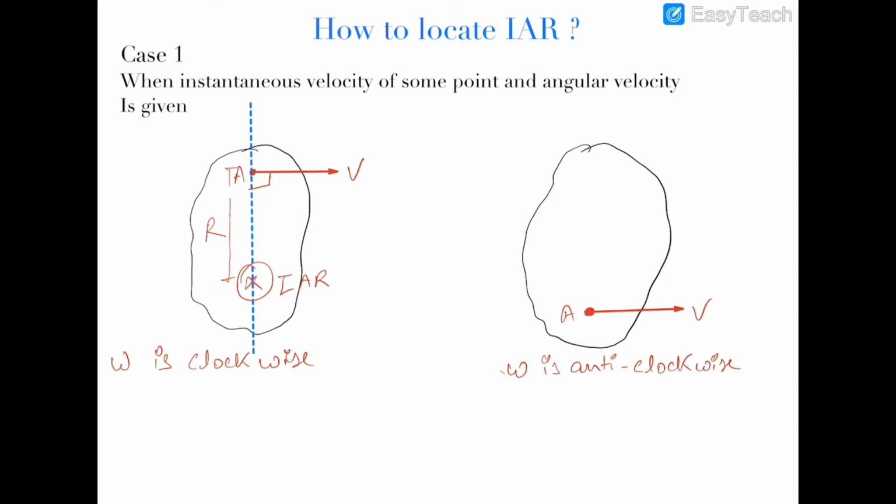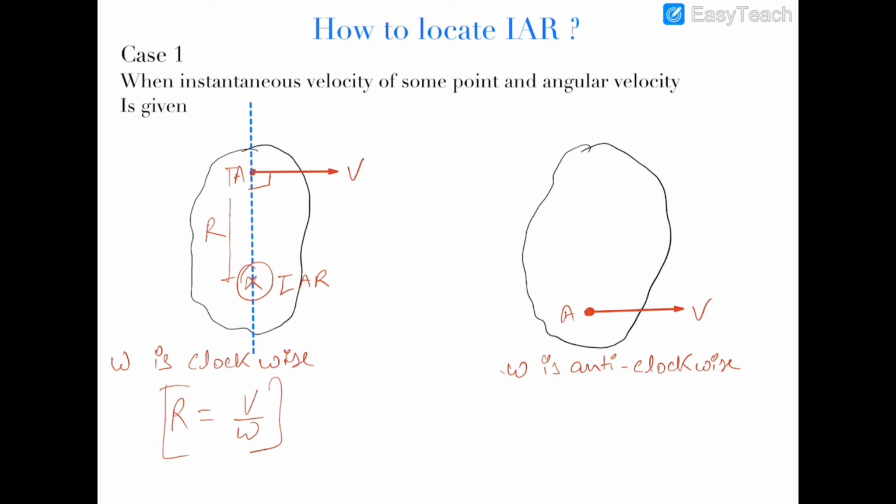So IAR would be on the lower side of this axis. The radius r can be calculated as V by omega, because V is equal to r omega, and V and omega are given to us. So the distance of IAR from point A is r equal to V by omega.